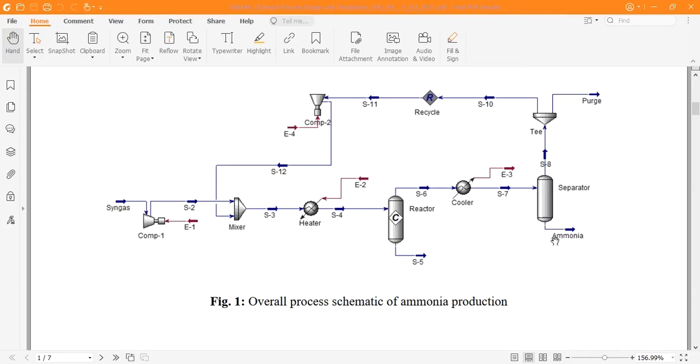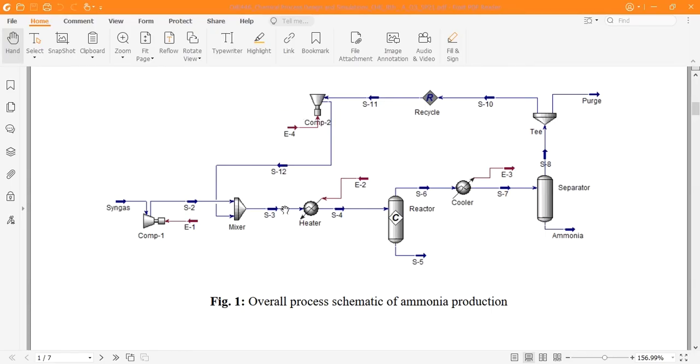Ammonia is obtained from the bottom of the separator, while the top vapor stream, which contains a fraction of nitrogen, hydrogen, and other components in the feed, is partly purged, while the remaining portion is recycled. Once recycled, it is again compressed to meet the required pressure of the system, and then it is recycled back. This portion is the recycling portion.